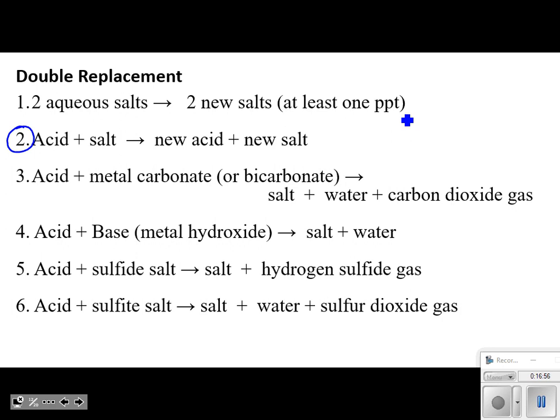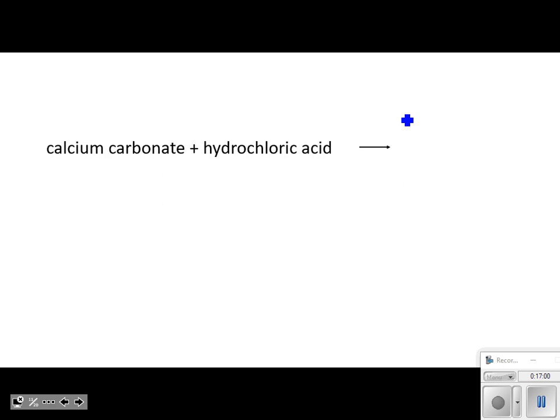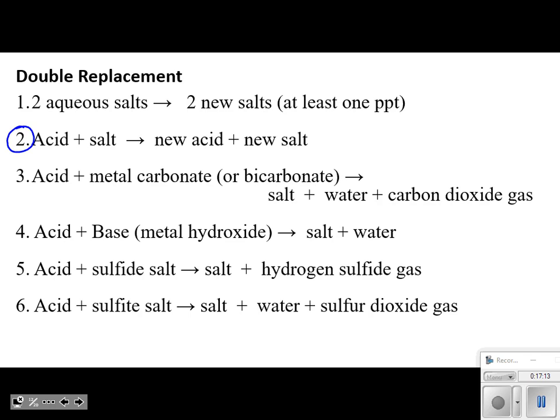Now, number 3 says that I have an acid and a metal carbonate. Is that an acid and a metal carbonate? Yeah, metal carbonate. So yes. So now, this one trumps it because it's more specific.